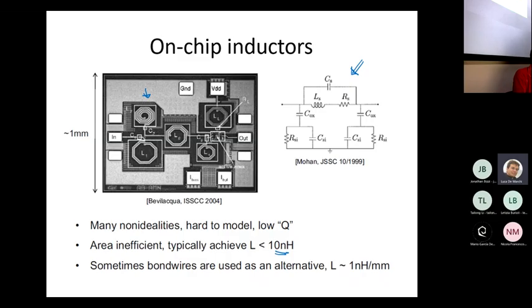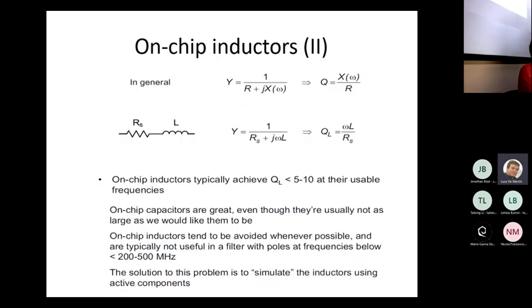These very small inductances may be used to implement very high frequency filters, but they are not suitable for, let's say, audio applications or applications at relatively small, low band. So how can we cope with this problem?